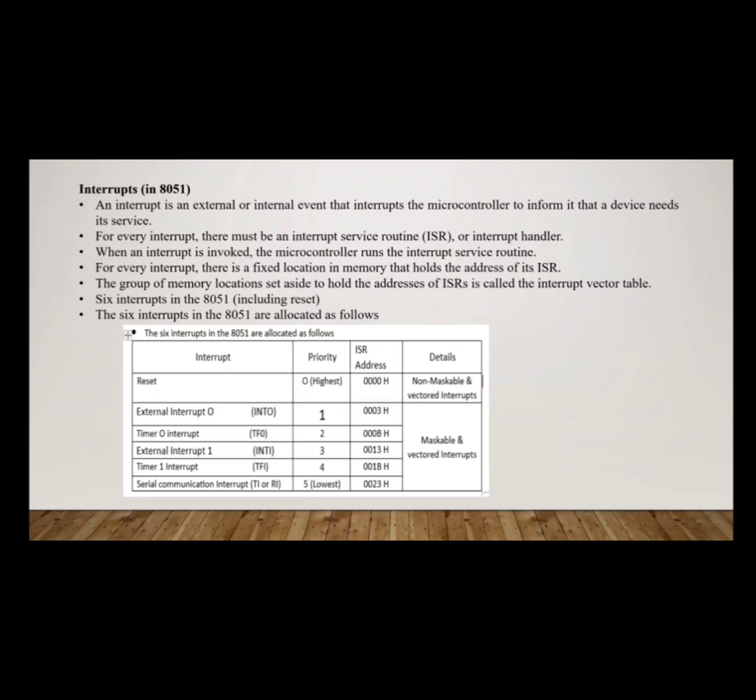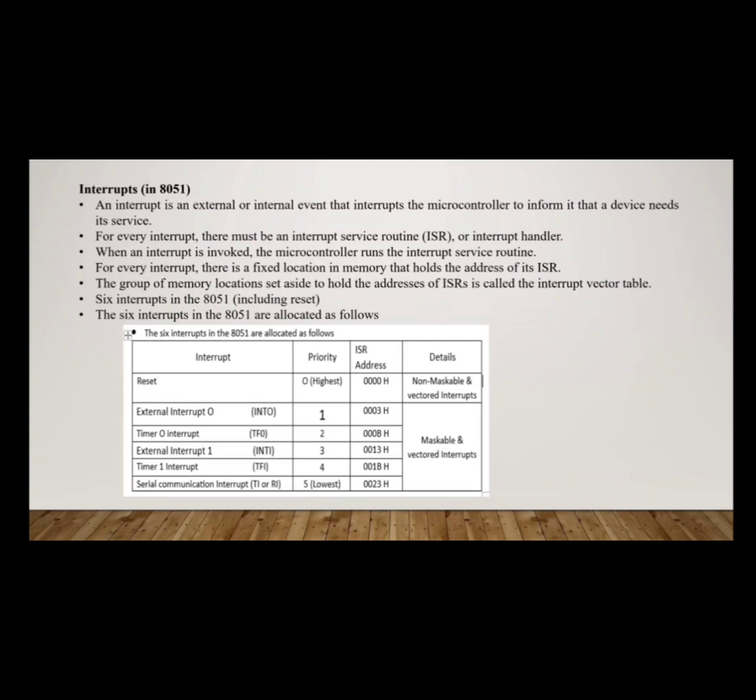So the microcontroller will look at the current process and compare it with the interrupt. If the current process has higher priority, the microcontroller will continue the current process. If the interrupt has higher priority, then the microcontroller will stop the process, take the interrupt and continue to do the interrupt. And after completing the interrupt action, the microcontroller does the pending action.